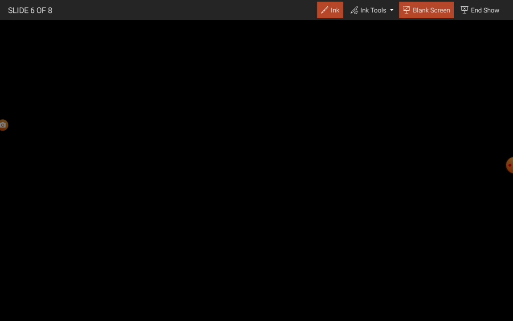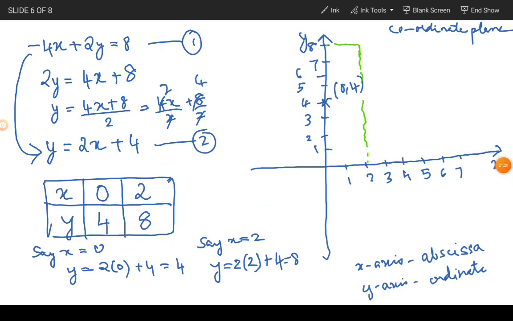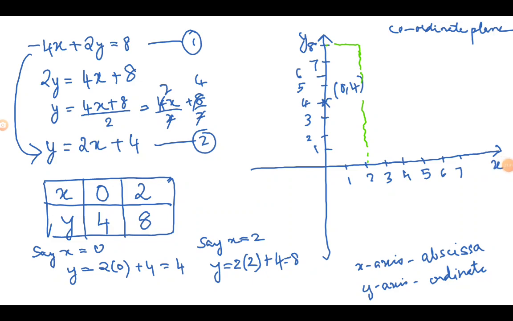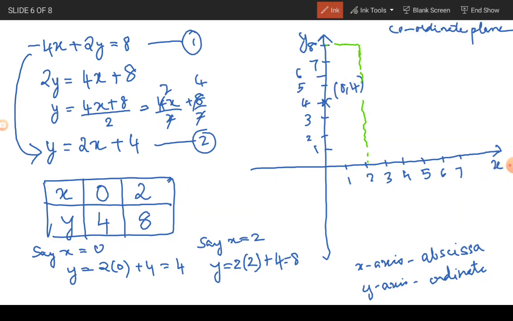So, this point here will be point 2, 8. Remember, the first term that I write is the value on the x-axis. The second term that I write is the value on the y-axis.